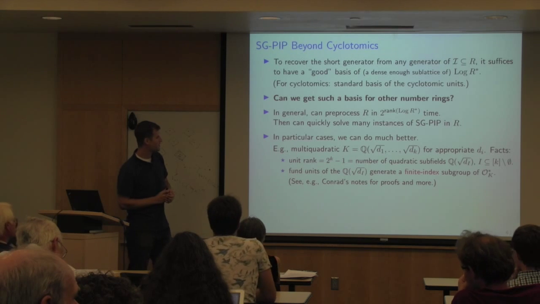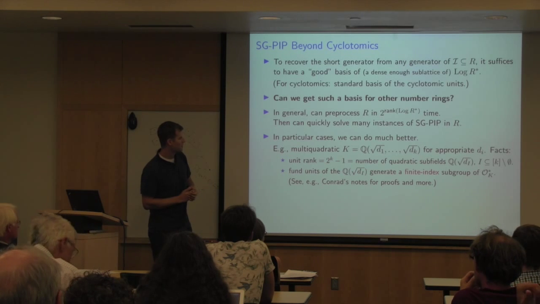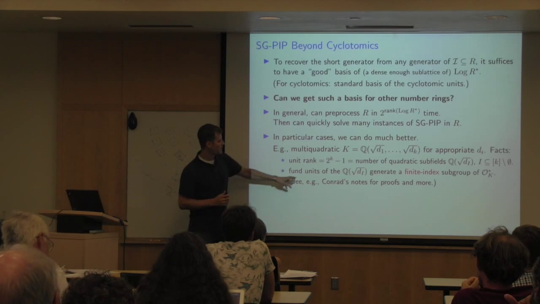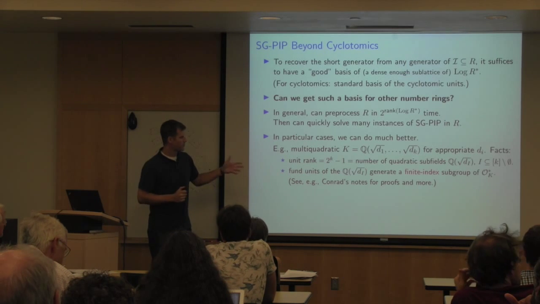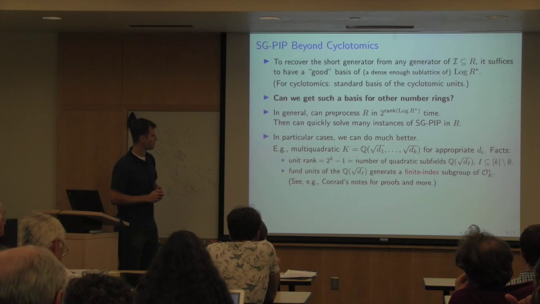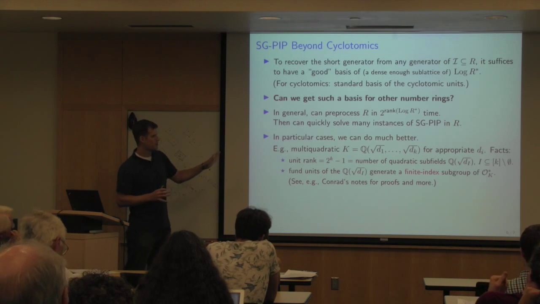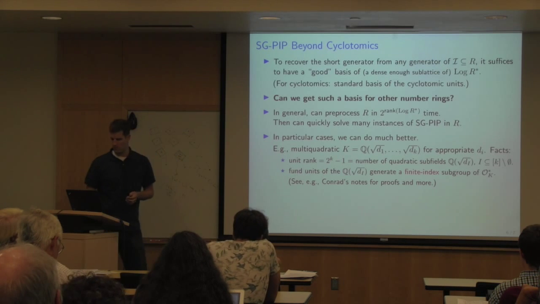So what we get is a way of computing, in a relatively small amount of time, a set of generators for a finite index subgroup of the full unit group. Okay, so that's something. We've just computed a representation of the unit group.